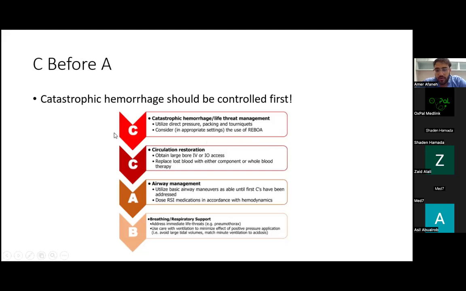You want to first control the hemorrhage with direct pressure, packing, or tourniquets. REBOA is something that's used in some trauma centers, but you have to be able to stem the hemorrhage somehow. Then circulation: restoration with IV access and IV fluids, and then giving blood components. And then you move on to airway management. So that's just a reminder of those concepts.